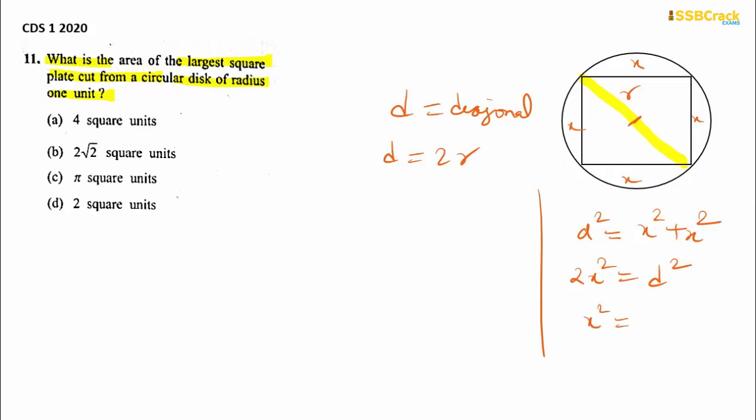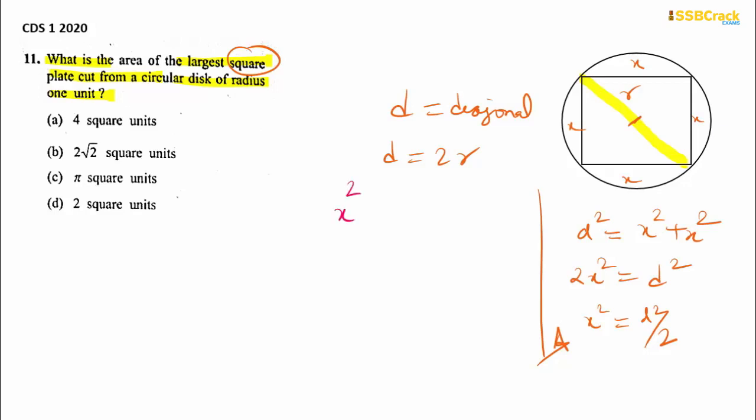That would be x square is equal to d square by 2. Now the value of d was clearly known with the help of the radius of the circle. So to find the area of the square, you would have used this important relationship which relates the side of the square with the length of the diagonal.